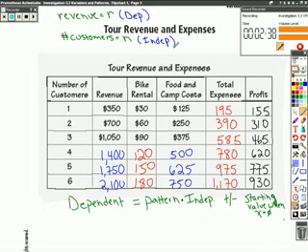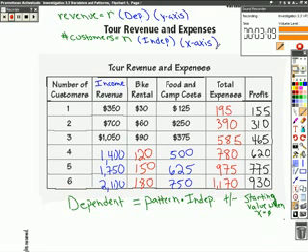The number of customers that show up directly affects how much money I make. And if you remember in our last video, we discussed that revenue is income. So our dependent variable is on the y-axis, and our independent variable is on the x-axis. All right, so that's the start.